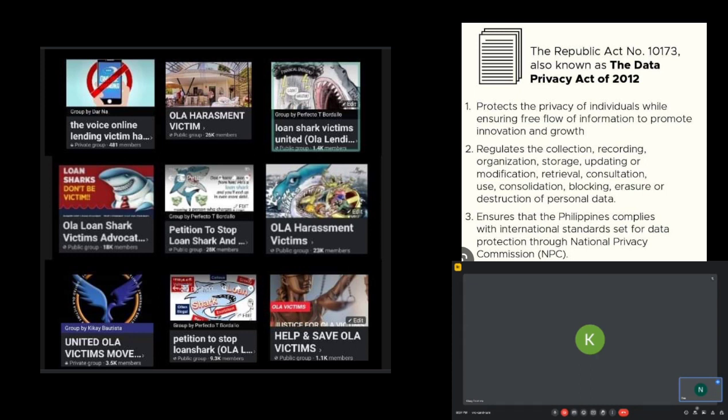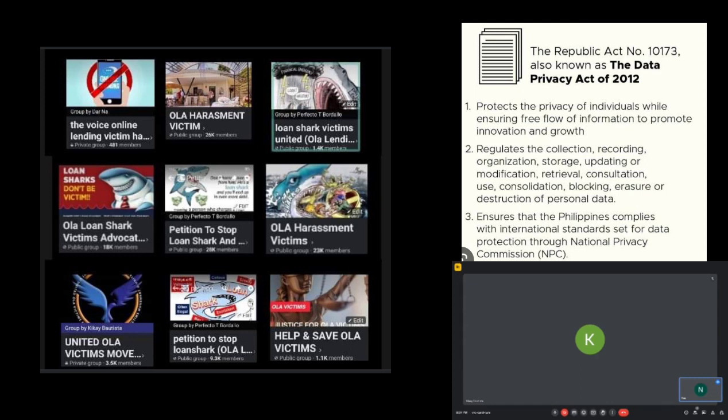Then after that, dinidiscard na po namin yung information, and we even ask the new members to, once they're done with the verification process, remove or unsend their data and information because we don't store that. Okay? Walang ganun po dito sa UOVM.